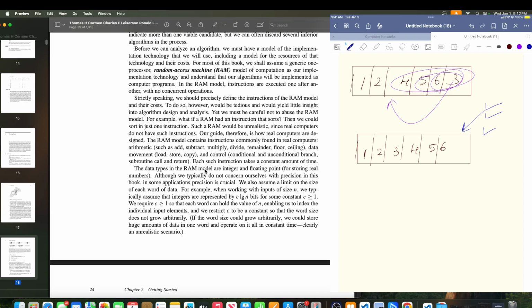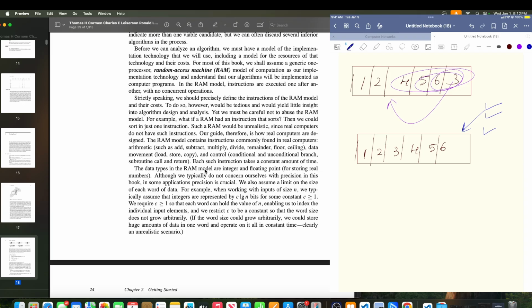So now we need to define how much time each instruction will take, right? Because we are going to analyze the RAM model found in real computers, which will contain arithmetic, data movement, and control instructions.